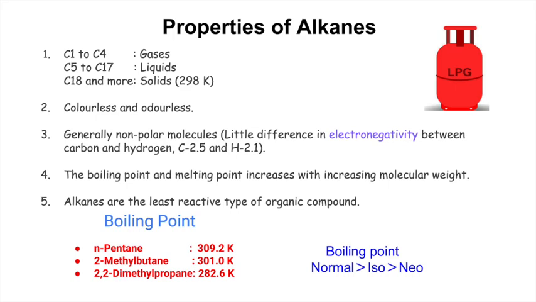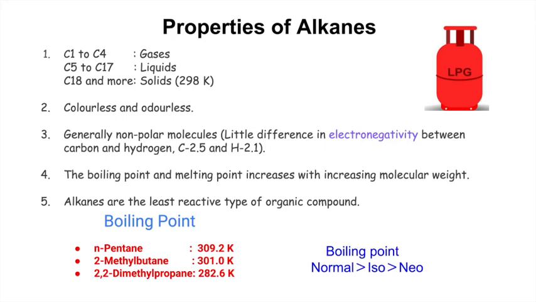So the difference in electronegativity is 0.4, which is very small. So alkanes are non-polar. But if the difference in electronegativity is more, it will exist as a polar molecule. Here the difference is only 0.4, so they are non-polar. The boiling point and melting point increase with increasing molecular weight.